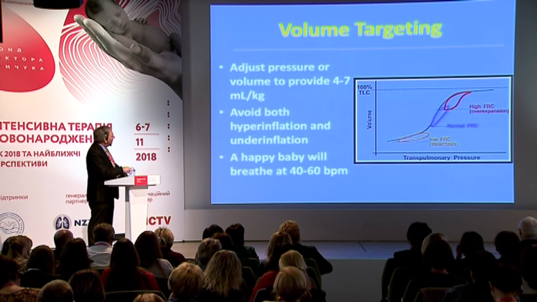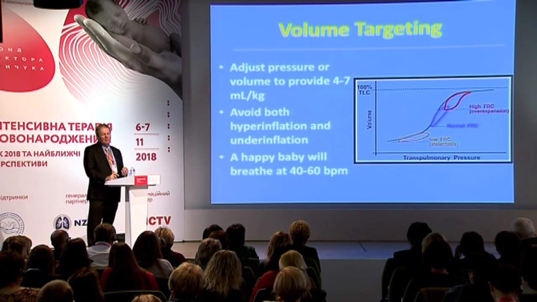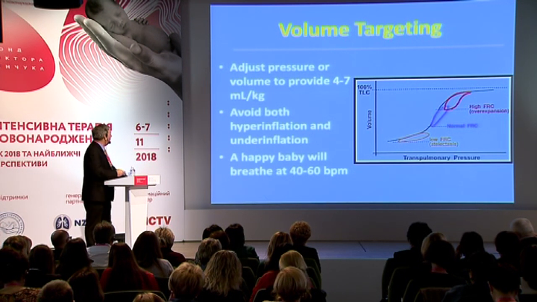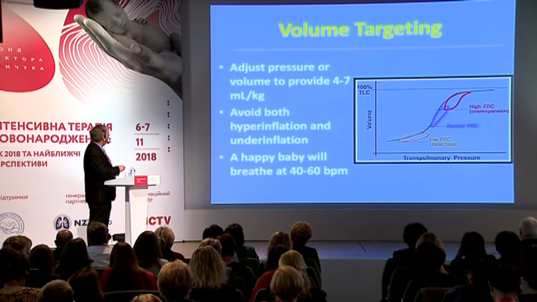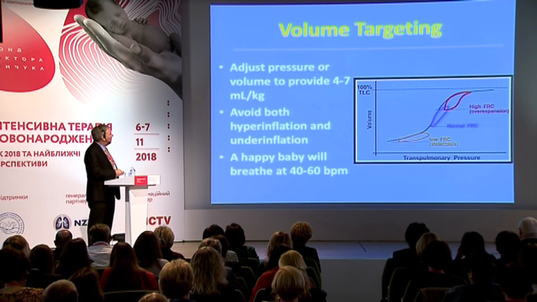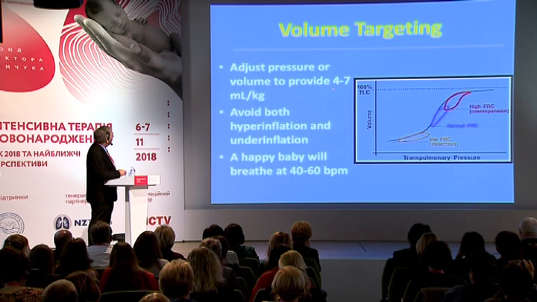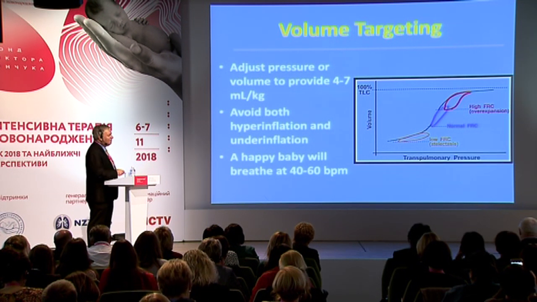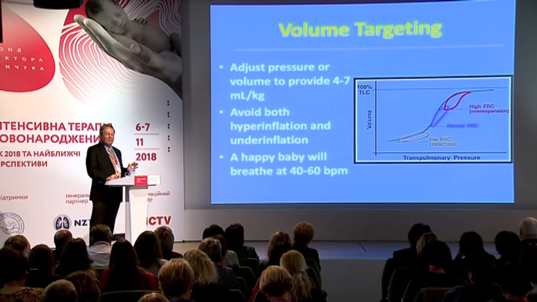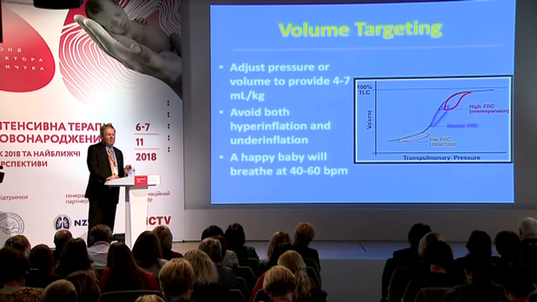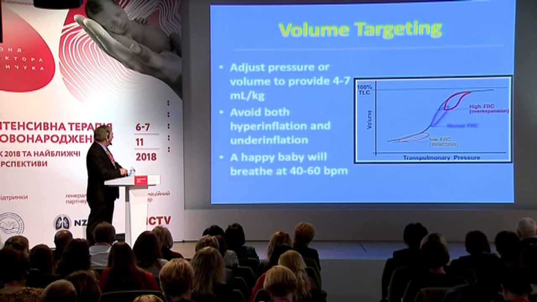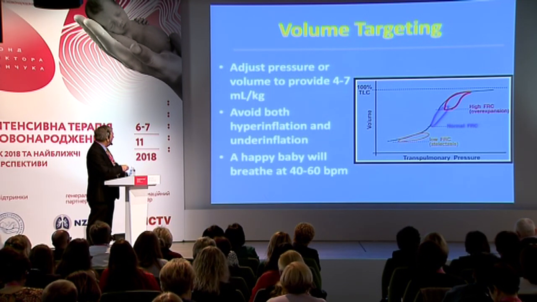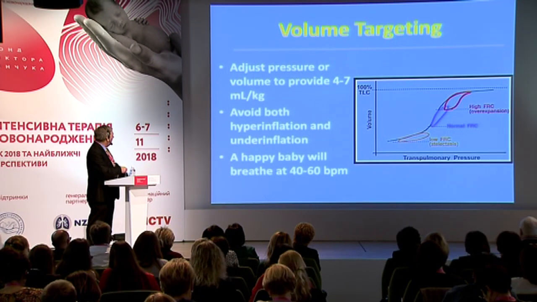So both being too low and being too high increase the risk of ventilator-induced lung injury. We want to adjust our pressure or our volume to provide a tidal volume somewhere between 4 and 7 milliliters per kilogram. It's going to vary depending upon the individual mechanics of the baby's lungs. Again, our goal is to avoid both hyperinflation and underinflation.